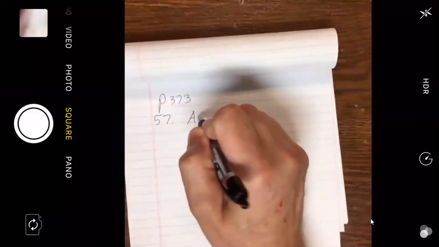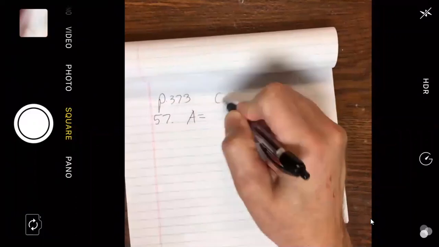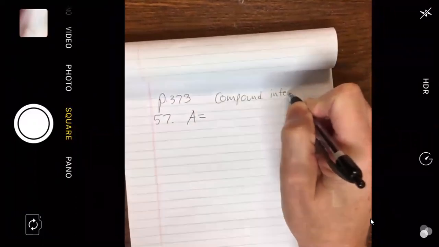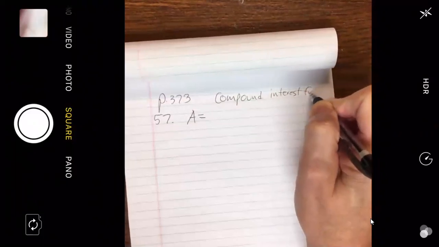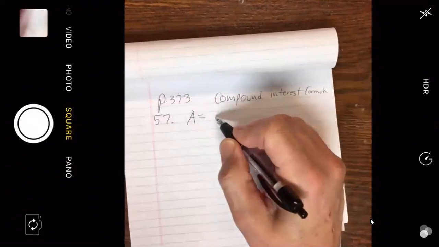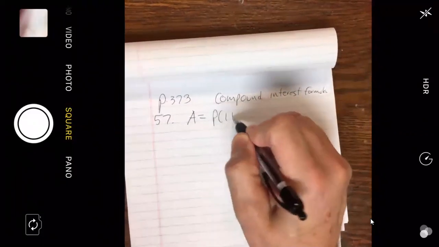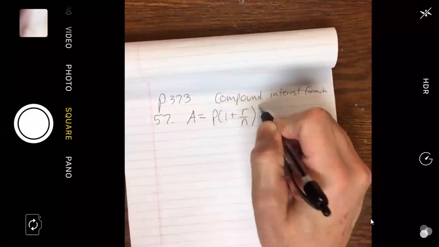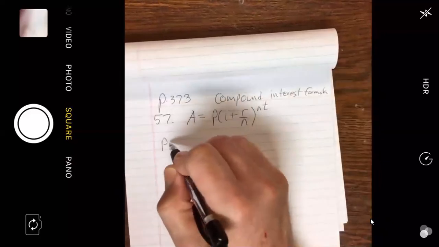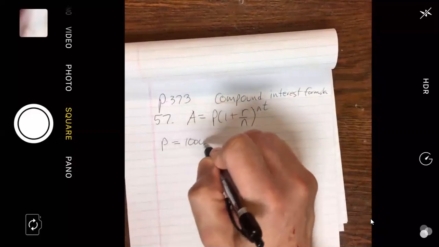So if you watched at 12 o'clock, we're doing the compound interest formula. It's A equals P times (1 plus r over n) raised to the nt. So the amount you put in the bank, that's your principal, 10,000.